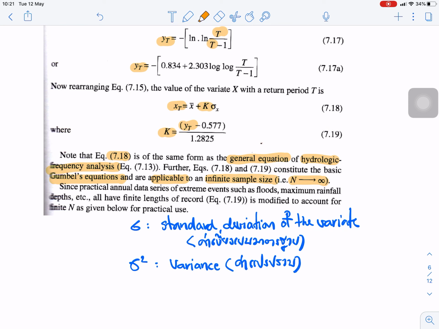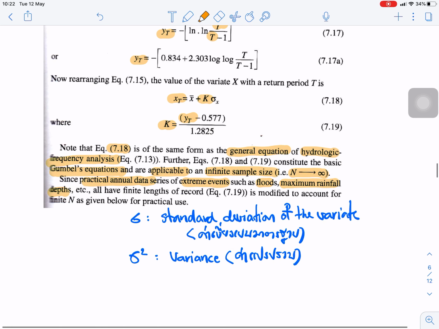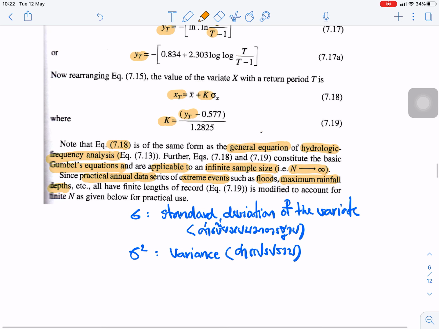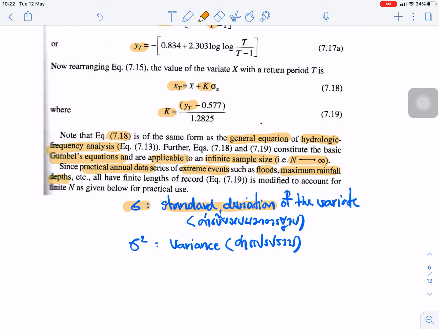It is used for the practical annual data series of extreme events, for example the maximum flood or maximum rainfall depth. Just to remind you, sigma means standard deviation, and sigma squared is the variance, ค่าแปรปรวน.